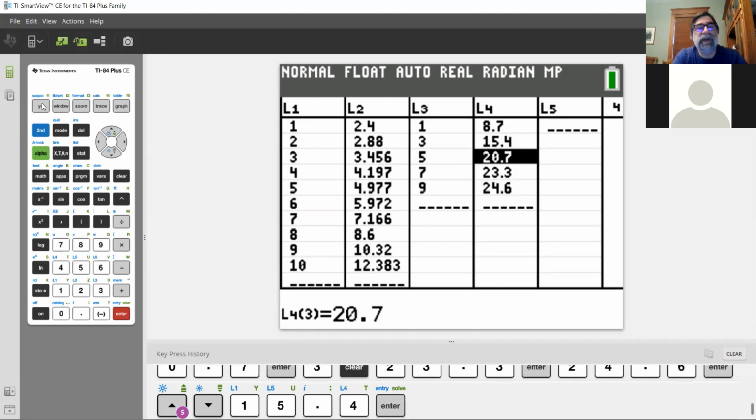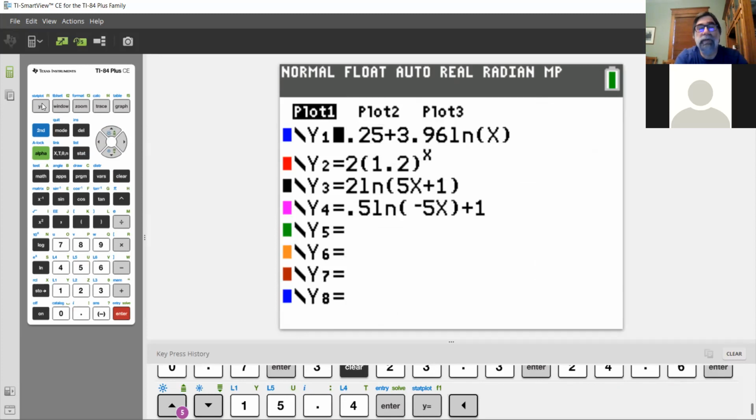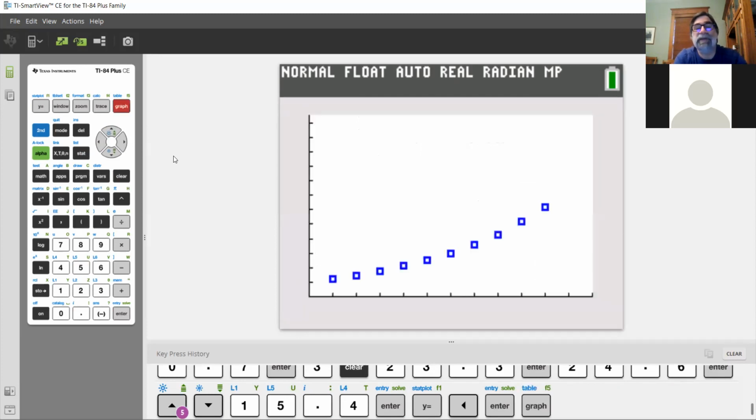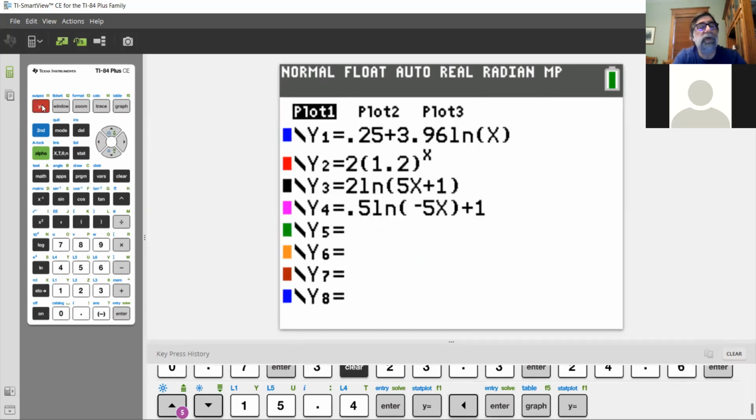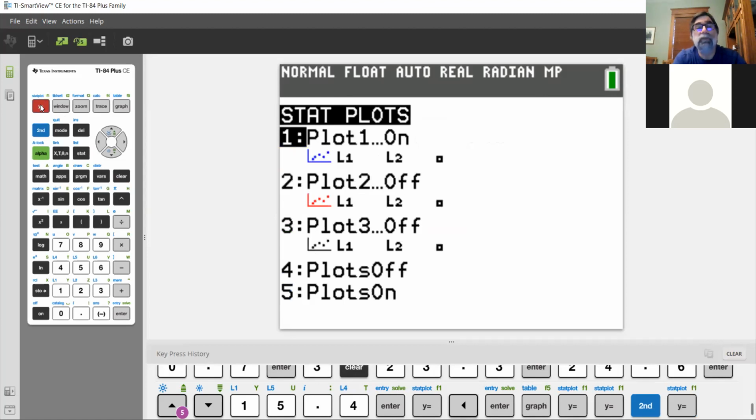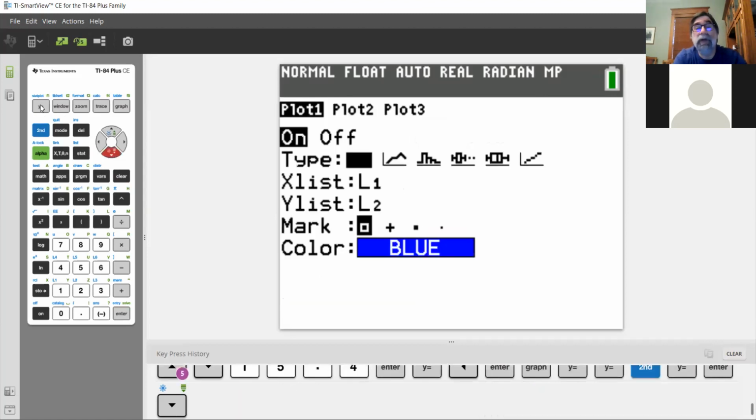If we do a quick scatter plot here, it's going to be kind of messy because the other one's on there. I thought that was going to show up. What happened there? Oh, I forgot to ask it to do L3 and L4.